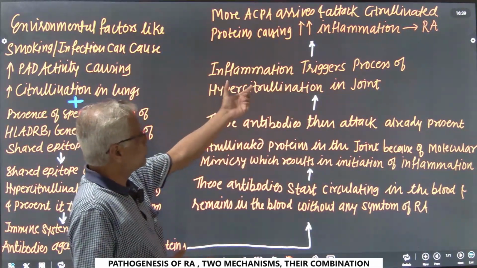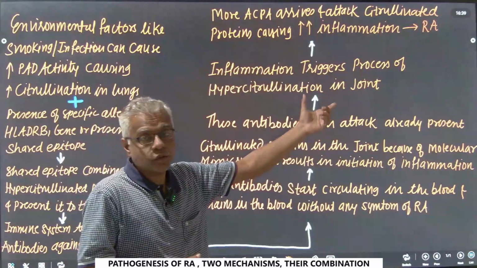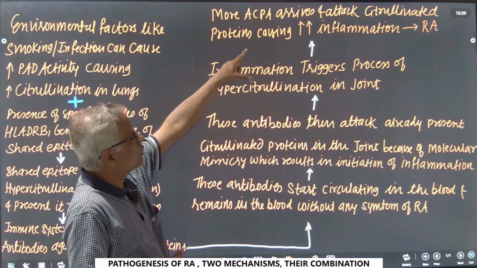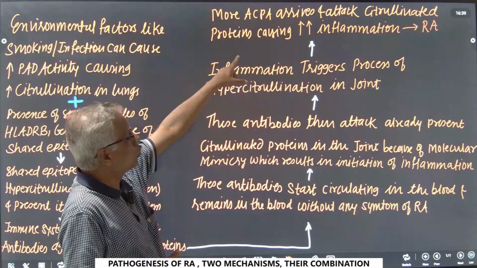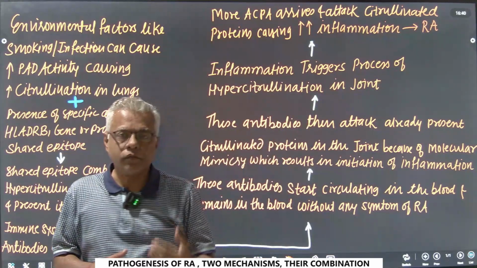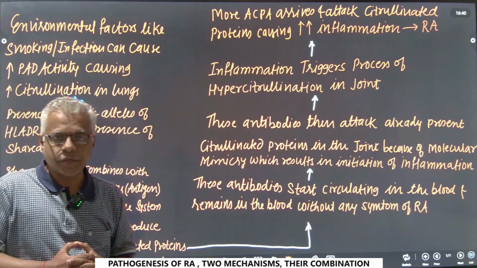That is, this inflammation is triggering the process of the hypercitrullation in the joint. More ACPA arrives and attacks these citrullinated proteins, causing increased inflammation, and thereby we are getting a disease, rheumatoid arthritis.